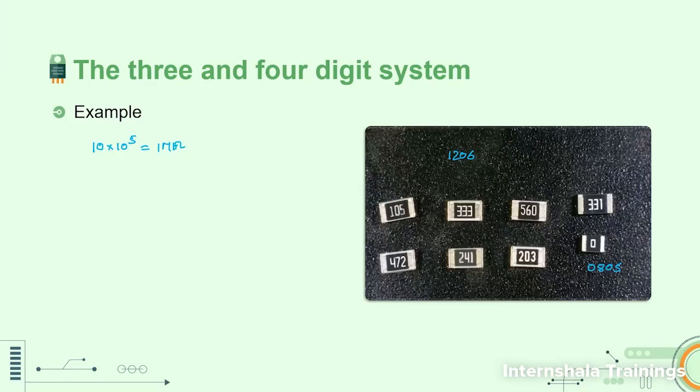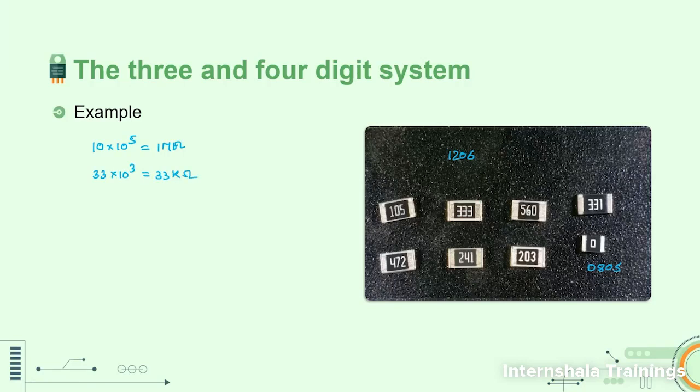So that's the value of this 105 resistor, which has a resistance of 1 mega ohm. After that the next value is 333, and for this resistor again we use the same method, which is 33 times 10 to the power 3, that gives us 33 kilo ohms.